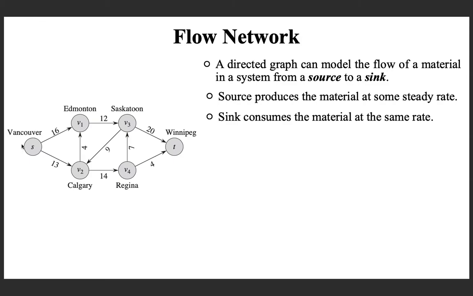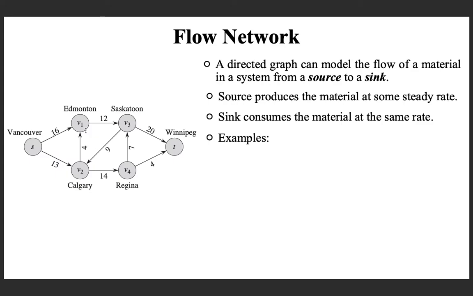If the source is producing the material at the rate of 20 units, then the sink is supposed to consume it at the rate of 20 units itself. Here the assumption is that there is no buffer or storage space for storing extra materials either in the source or sink or in any intermediate stations or junctions.